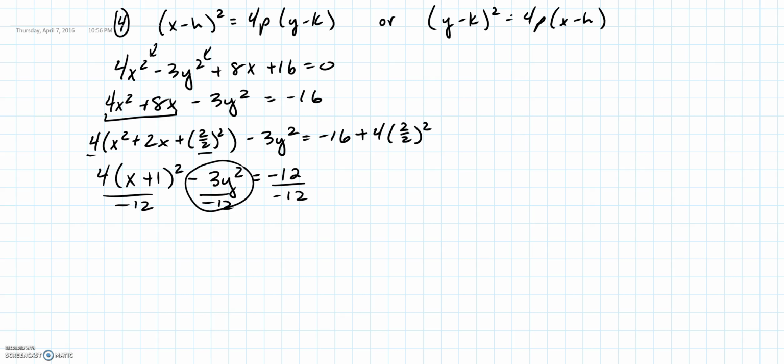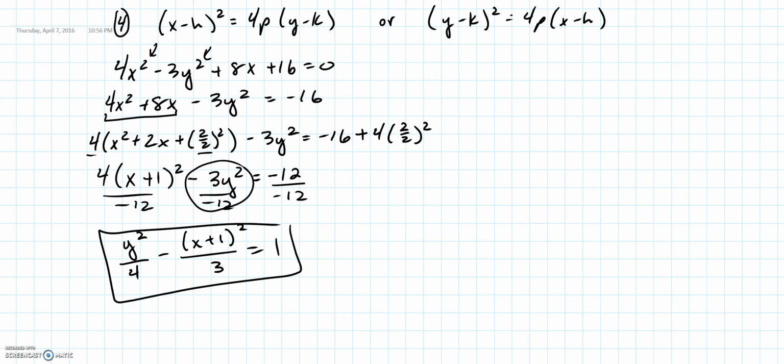And this term is going to go in the front because that's going to become positive. So I get y squared over 4 when I reduce that minus x plus 1 squared over 3 is equal to 1. And that is my transformational form of, it's not a parabola, it is a hyperbola. Okay.